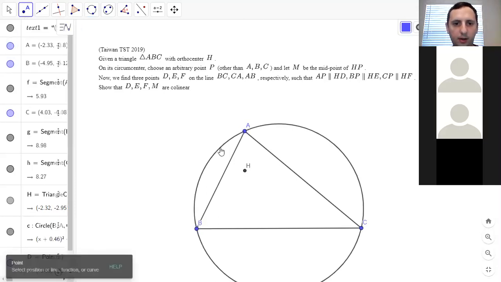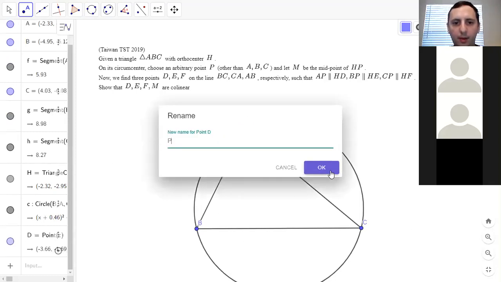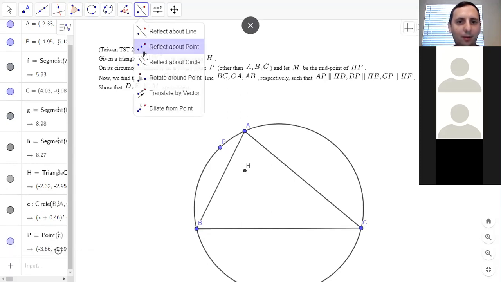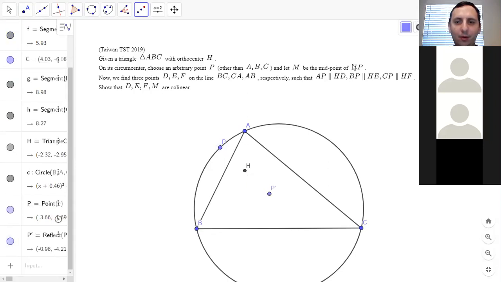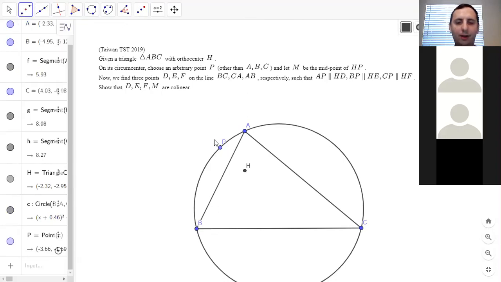So P, let M be the midpoint of HP. I feel like I did a problem like this where I have a midpoint of HP where P is arbitrary. I think Evan Chen's channel had a problem like this that I did.